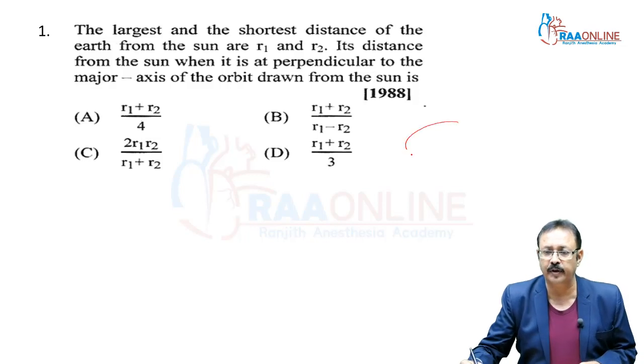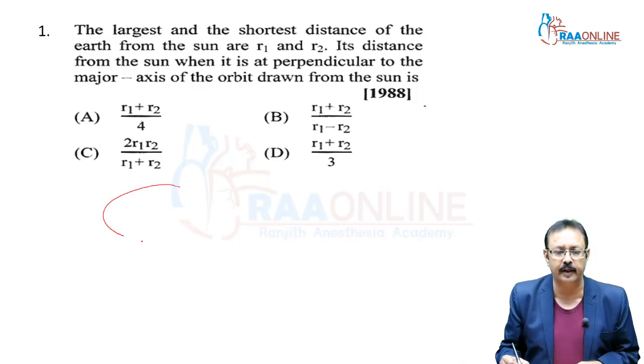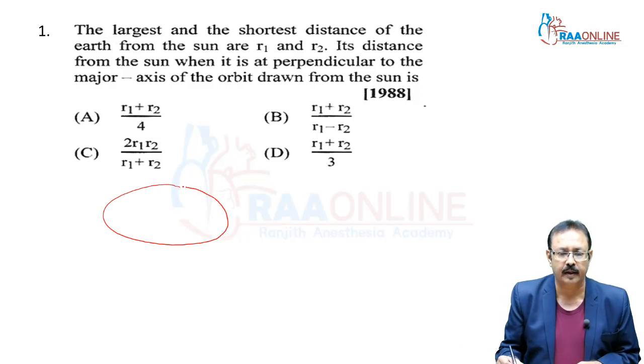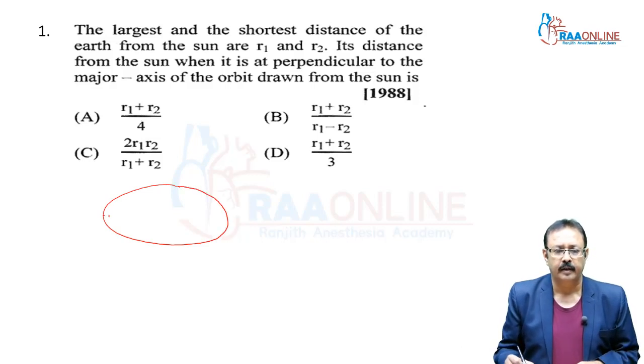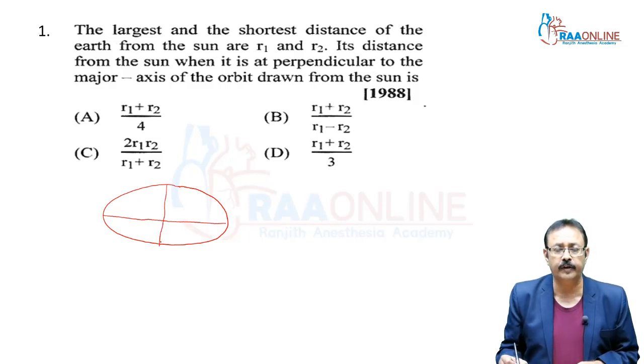See, we know that Earth is revolving around the sun in an elliptical orbit. It is an ellipse, and the sun is at one of the foci. The focus is on the major axis. This is the major axis, this is the minor axis.